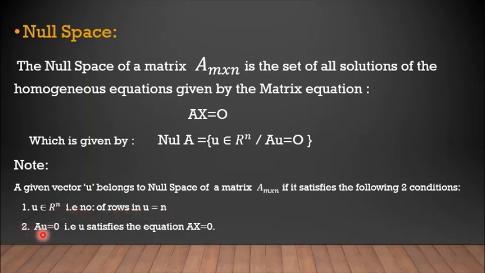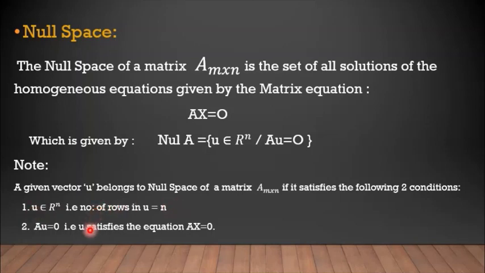Second, Au is equal to 0, that is, the vector u satisfies the equation Ax is equal to 0. So this is null A, the set of all the solutions of Ax is equal to 0, which we call the null space. And if any vector u is given, how do we check whether that vector belongs to the null space or not?